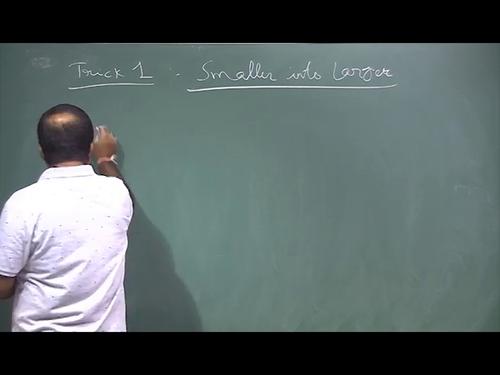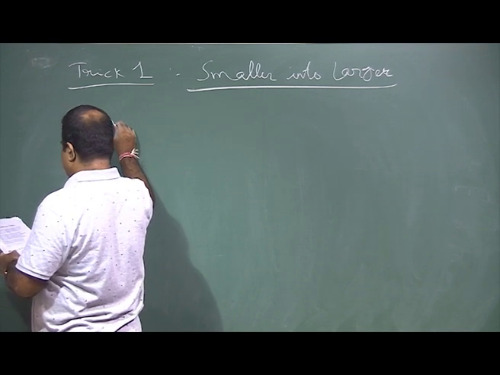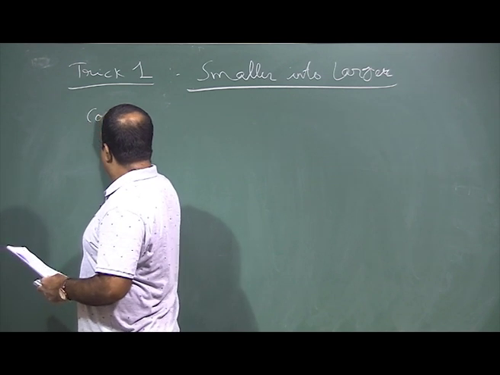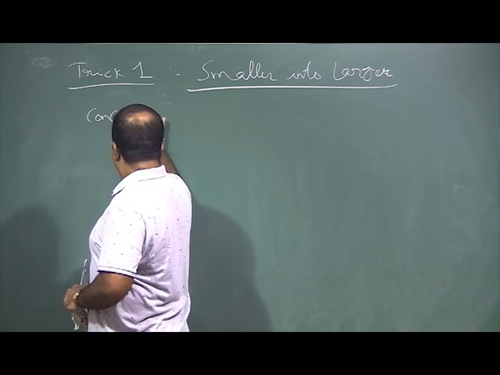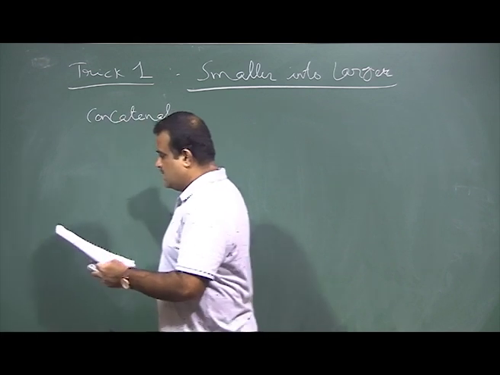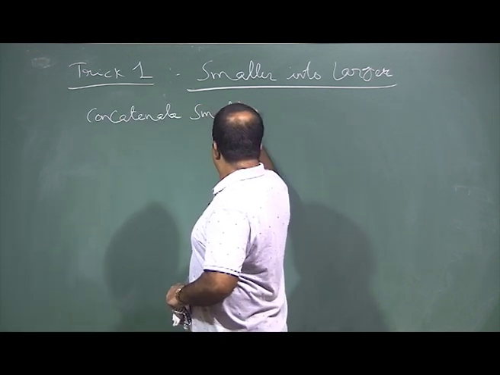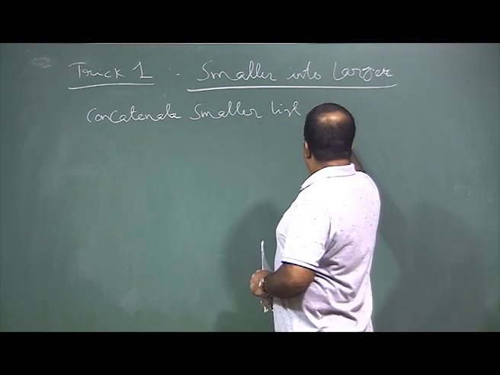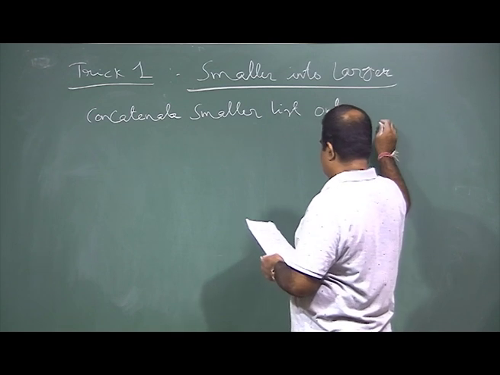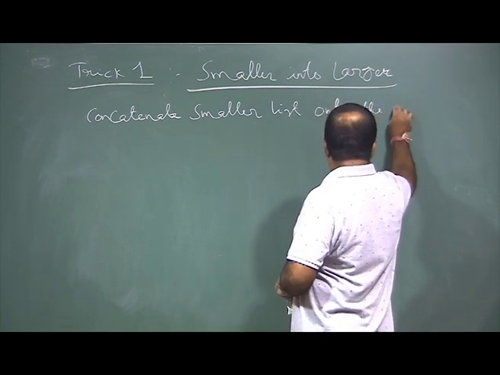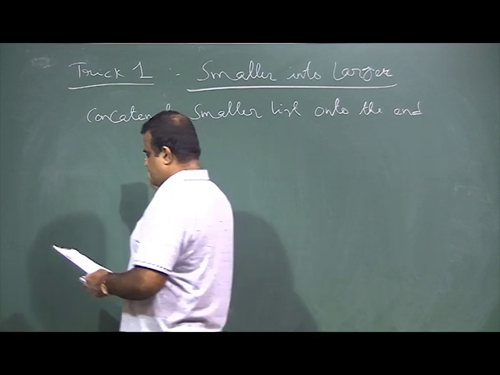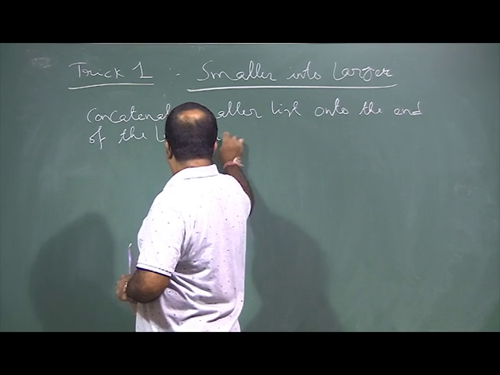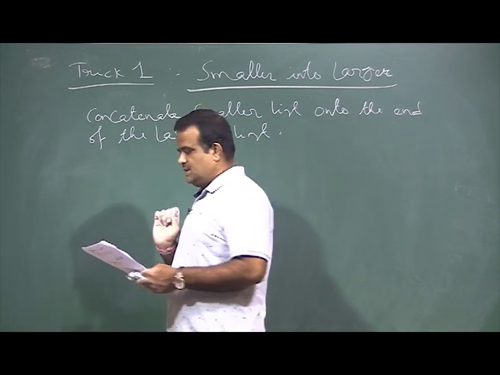Okay, so the idea is to concatenate two lists: concatenate the smaller list onto the end of the larger list.